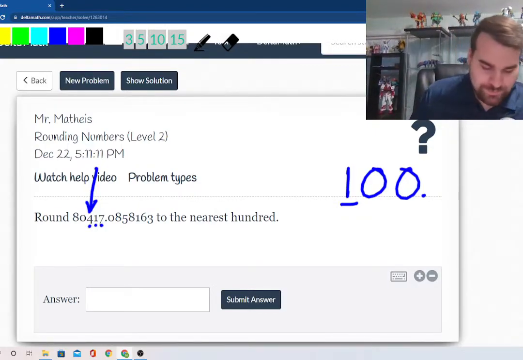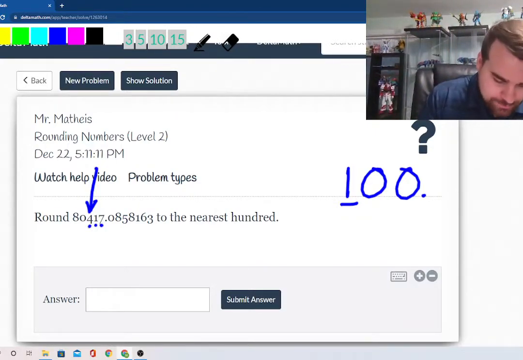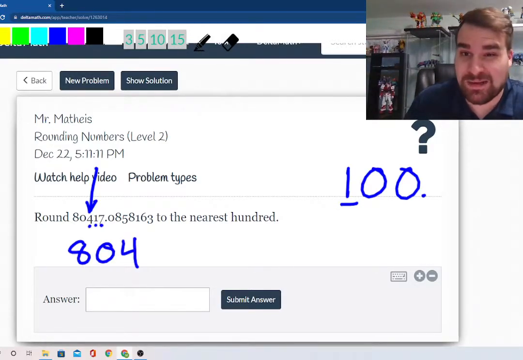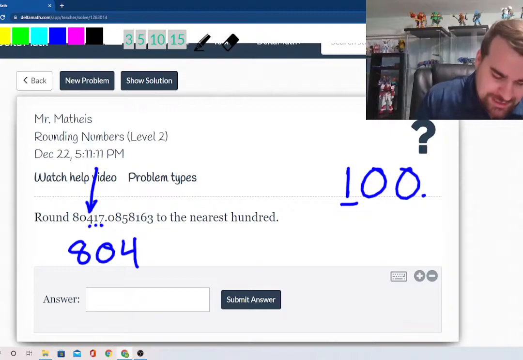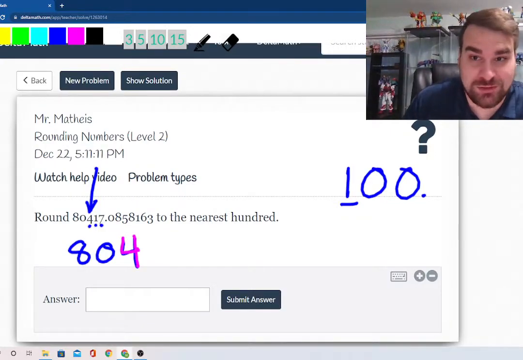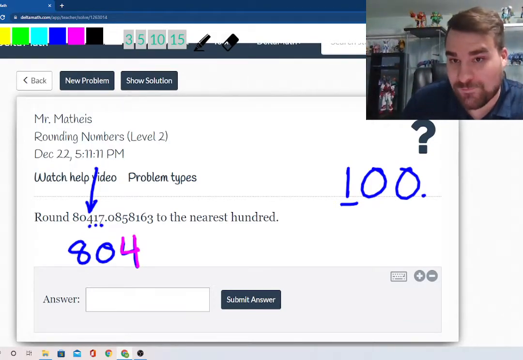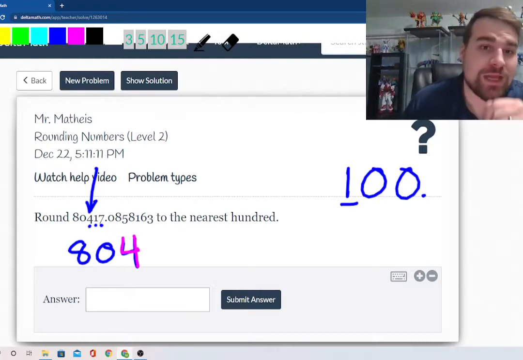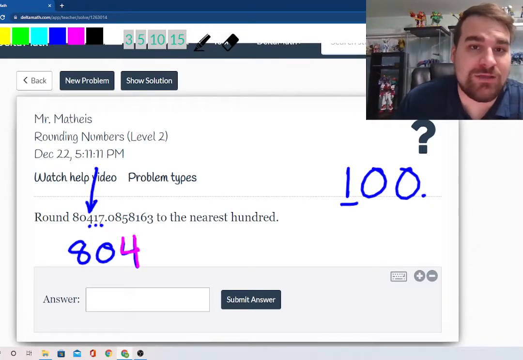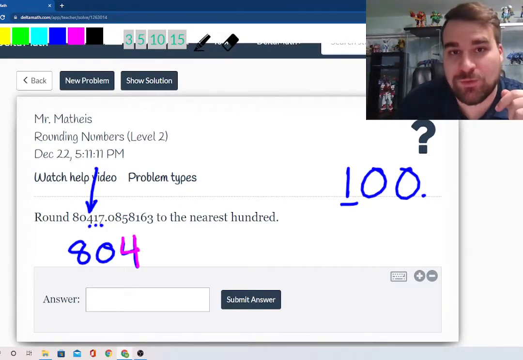So what I'm going to do is I'm going to write those down just so I can remember I care about them. But I need to remember this 4 that I just put here is kind of special because it has to be determined whether it goes up or if it stays the same. And the way we determine that is by looking at the number that comes after the 4.